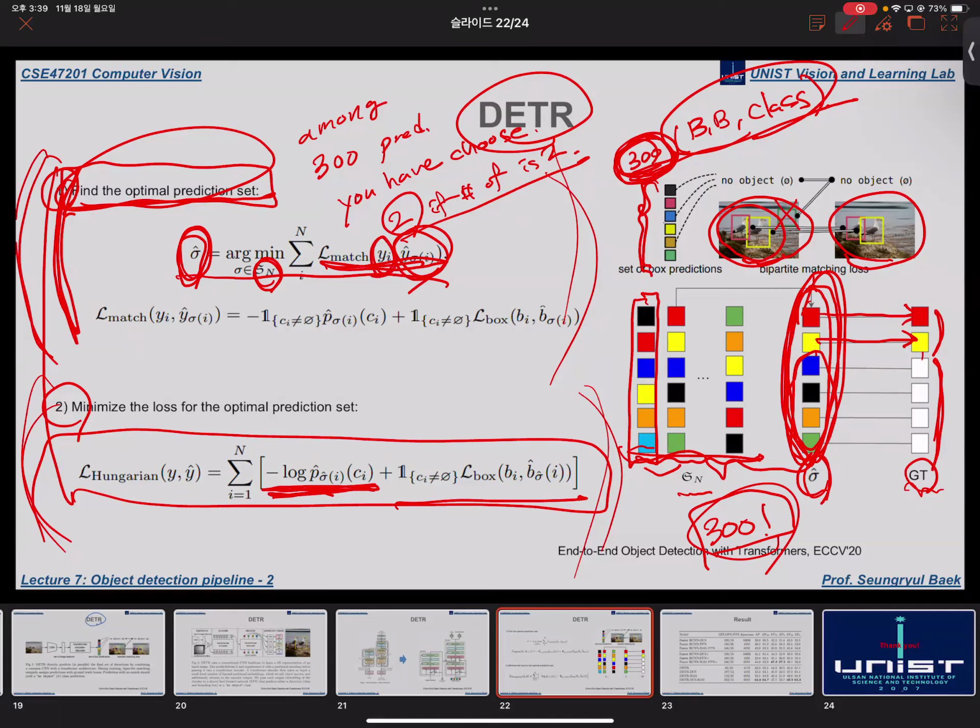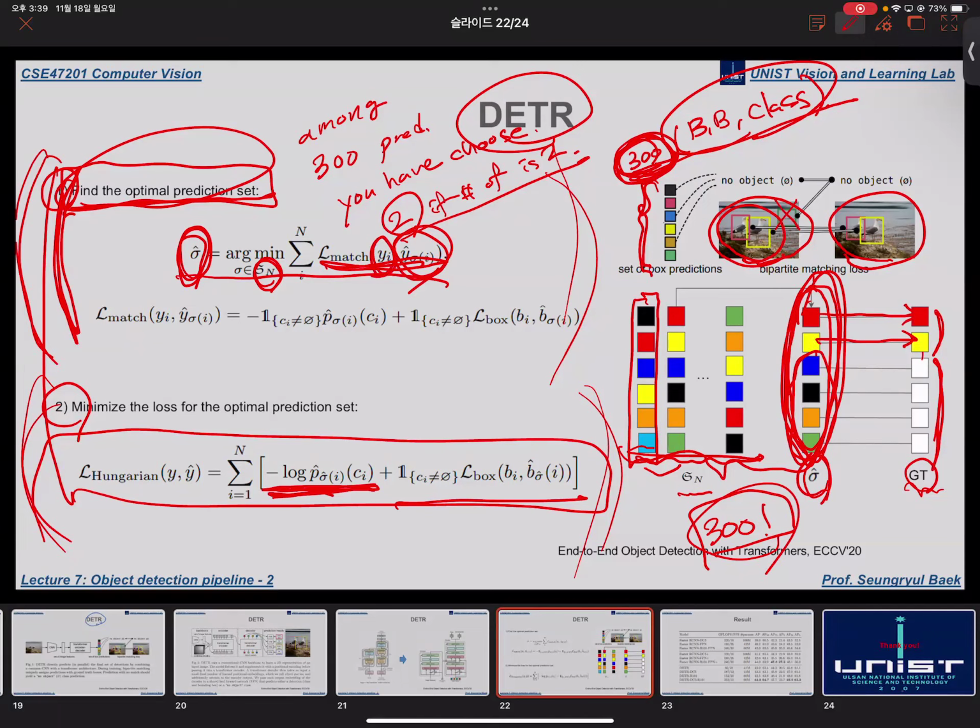This is showing some results for the RCNN and DETR. Faster RCNN was the state of the art, and you can get better accuracy using DETR, which is the transformer-based object detection. So now DETR is the state of the art in terms of accuracy.